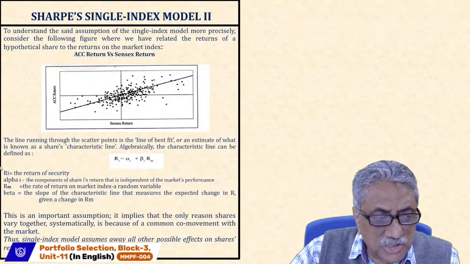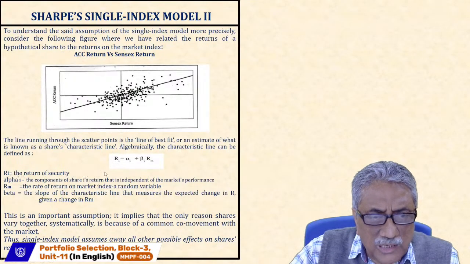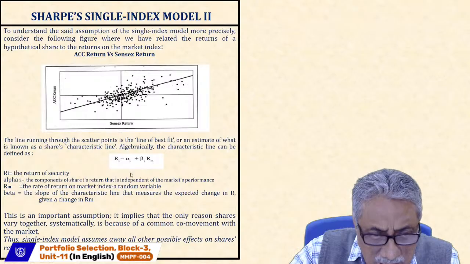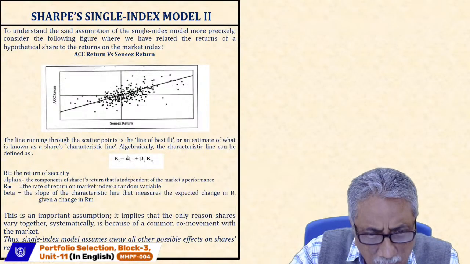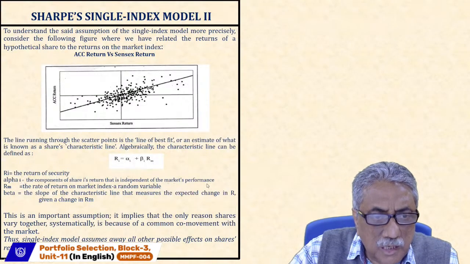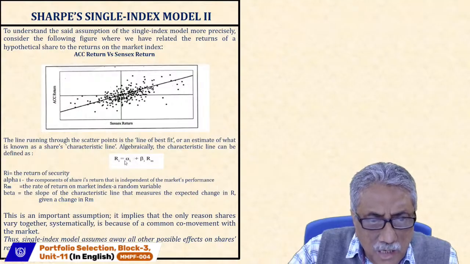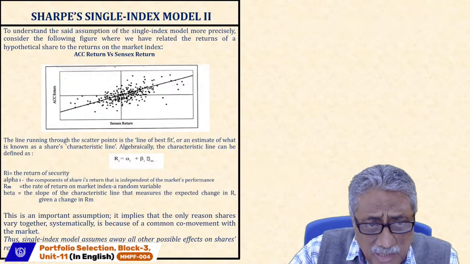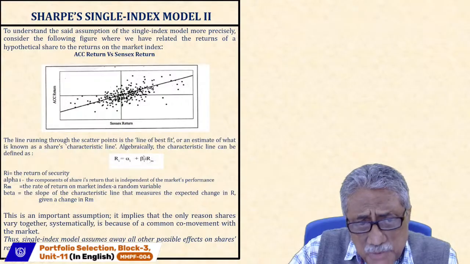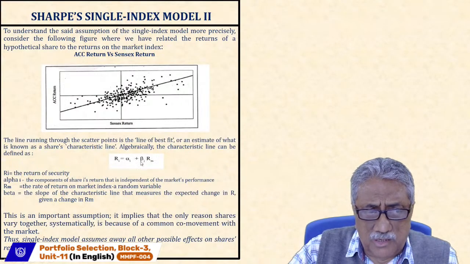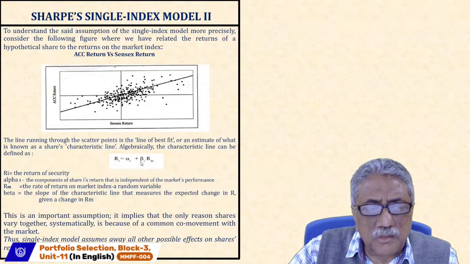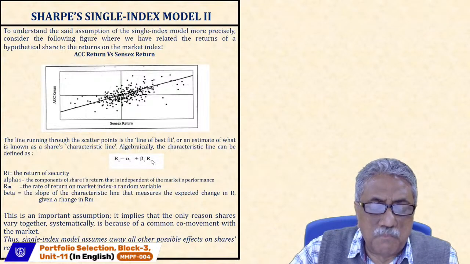So RI is the return on the security. Alpha I is the standalone return of ACC irrespective of market performance. RM is the return of the market, and beta I is the relationship of RI with RM.